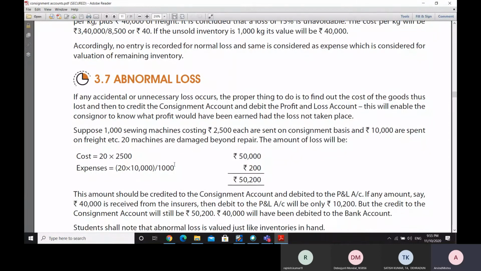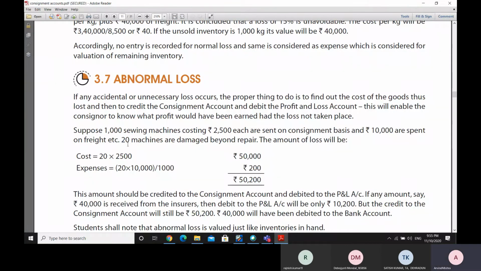Now, for example, let us say that 1,000 sewing machines, each costing 2,500 rupees, are sent on a consignment basis, and also 10,000 rupees is spent on freight.